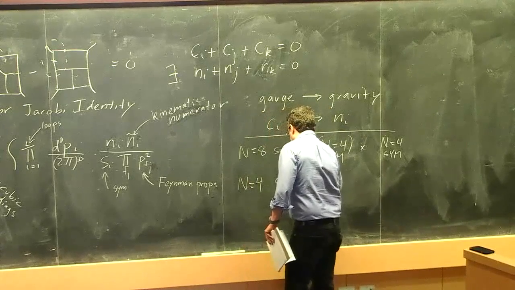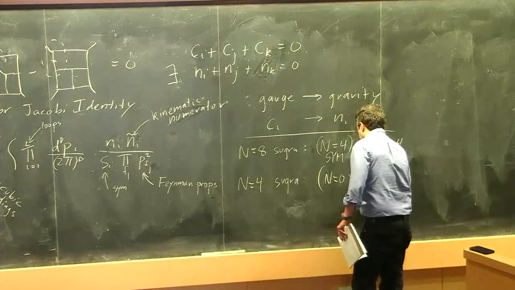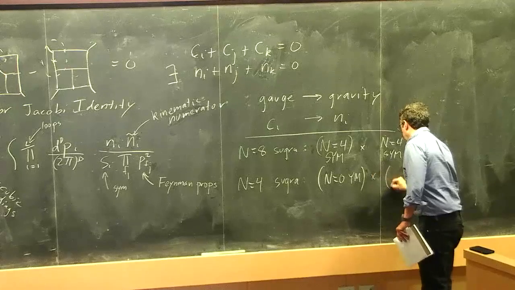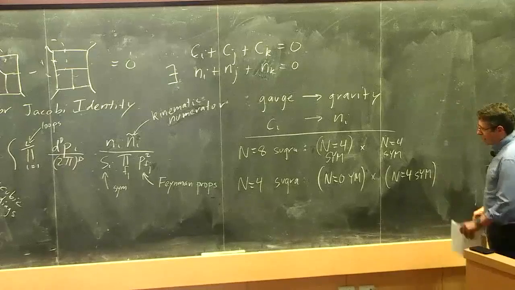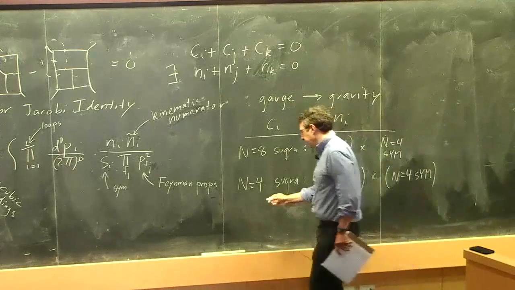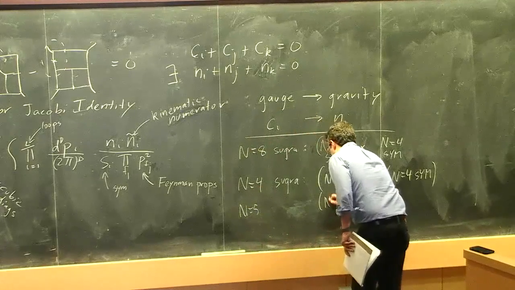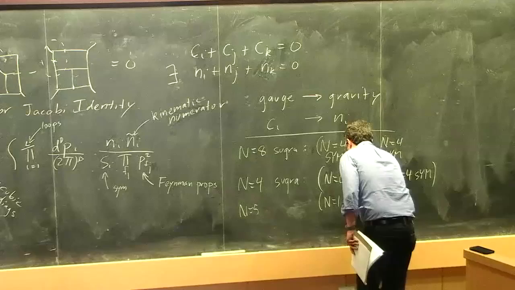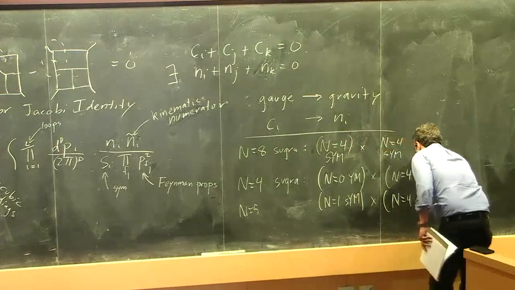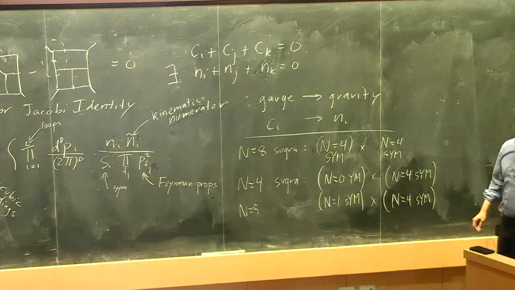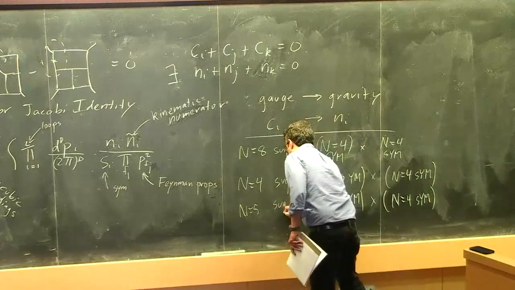So one construction you can do is you can take N=0 Yang-Mills, just pure Yang-Mills, times N=4 super Yang-Mills. And you have N=4 supergravity. Or also N=5 would be another one I'll mention in passing. Well, you can guess exactly what it's going to be. N=1 super Yang-Mills times N=4 super Yang-Mills. And there's actually now quite a few constructions of different supergravities, much more sophisticated than just these simple cases.